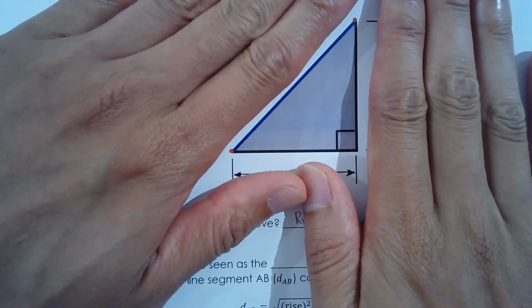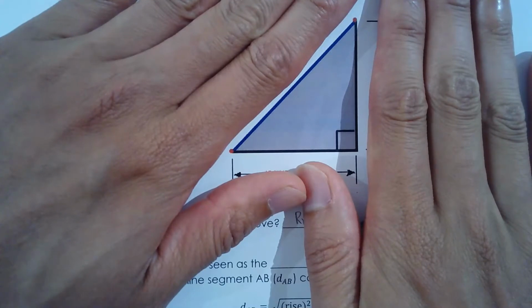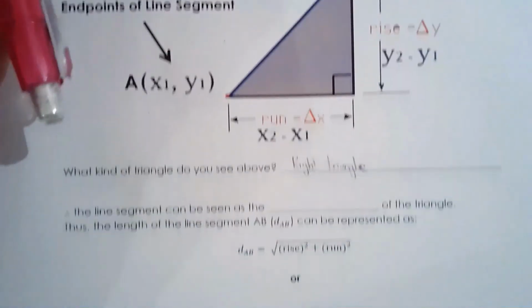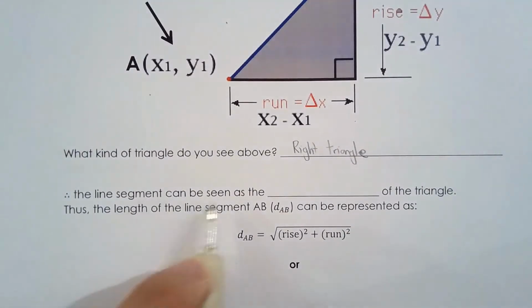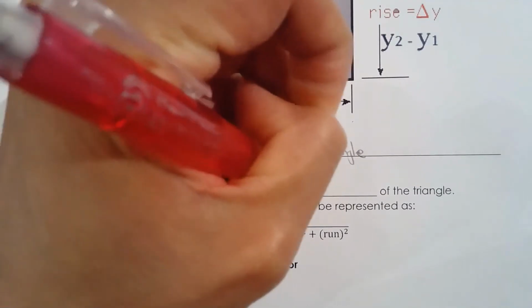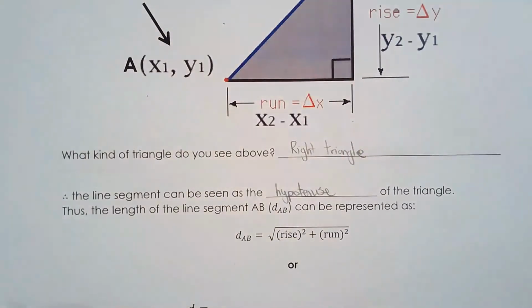Because this is a right triangle, the length of the line segment is essentially the hypotenuse of the right triangle. The line segment can be seen as the hypotenuse of the triangle. Thus, we can just use the Pythagorean theorem to come up with our formula.